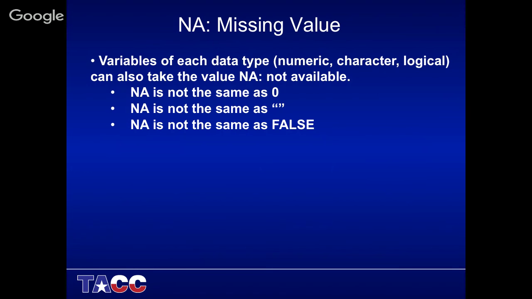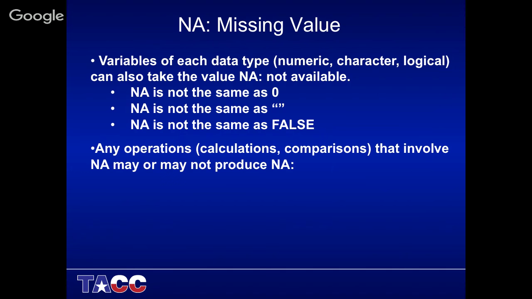So the other thing is variables can also take a value of not available, which means it's not the same as 0, it's not false, it's not the same as an empty string. It's just that if a variable is unassigned, it takes this value.